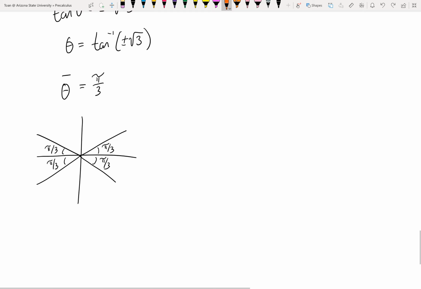So I hope it's very clear to everyone that this right here is 2 pi thirds. This right here is 2 pi thirds. What about these guys over here? Well, we should know that this right here is 1 full pi, right? Half a circle is 1 full pi.